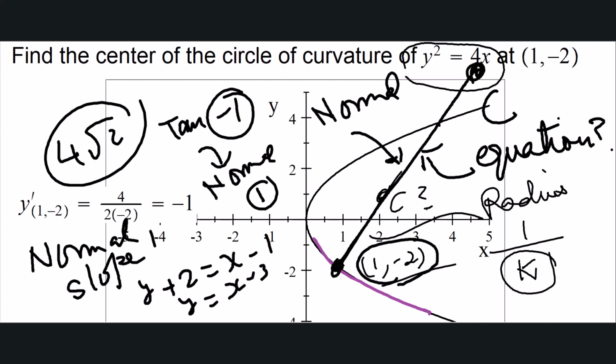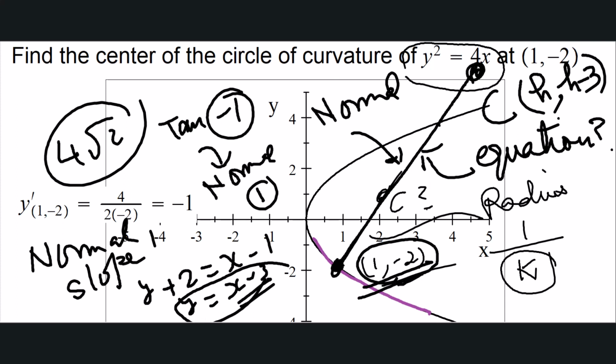So if the center has, say, the x coordinate h, then the y coordinate would be how much? h minus 3, because that lies on the normal line. Now the distance between (1, -2) and this point (h, h minus 3) is the radius of the circle of curvature.